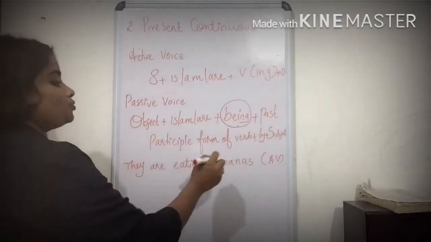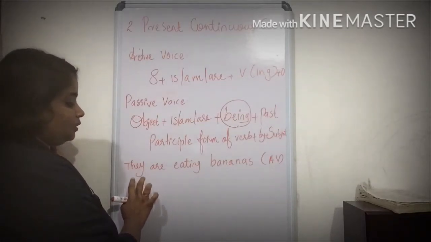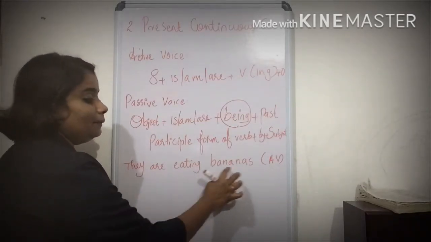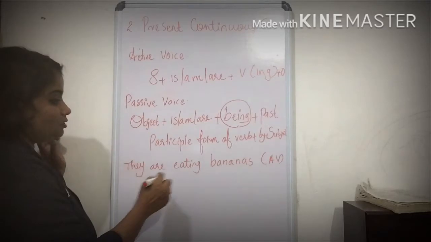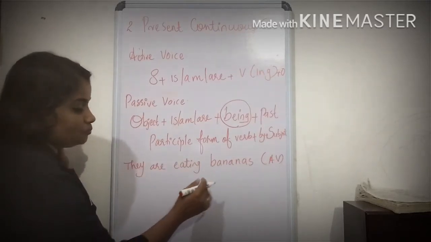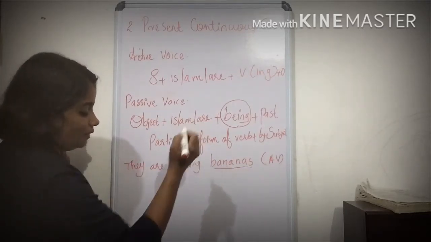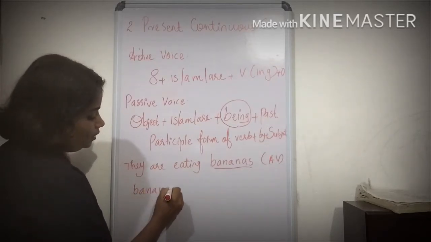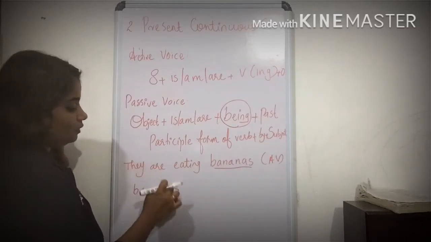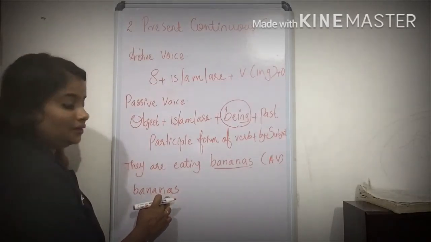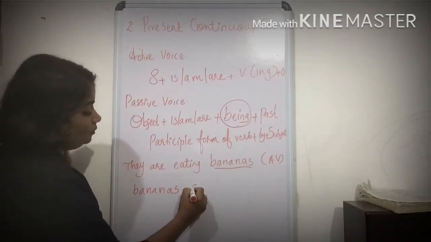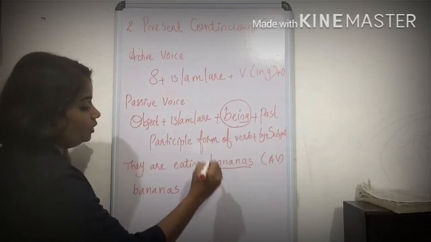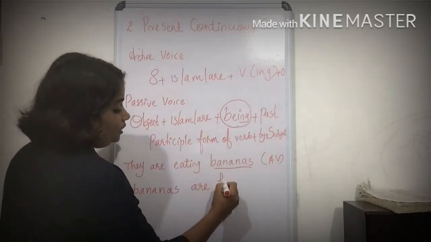Okay, then try to transform the statement as given below. They are eating bananas. Which is the object over here? Bananas. Whether it is singular or plural? Yes, it is plural. Then bananas are, then what will come?